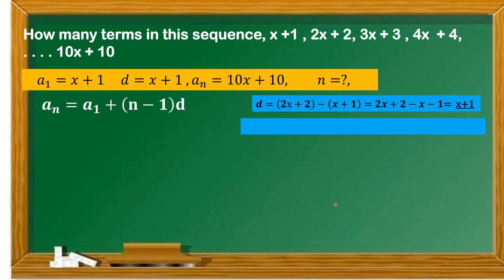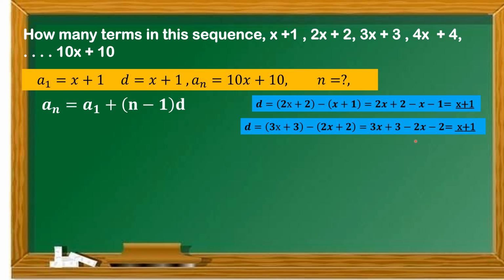Let us try another. The third term minus the second term. So our third term is 3x plus 3 minus our second term, which is 2x plus 2. So this will be equal to 3x plus 3, then minus, the negative will be distributed to the quantity of 2x plus 2.